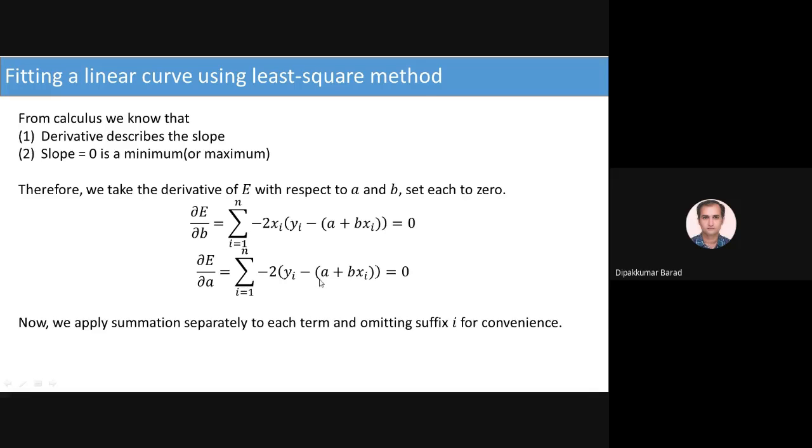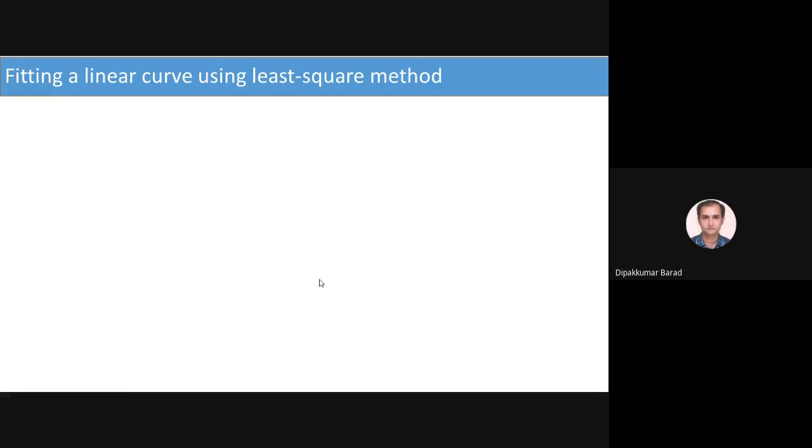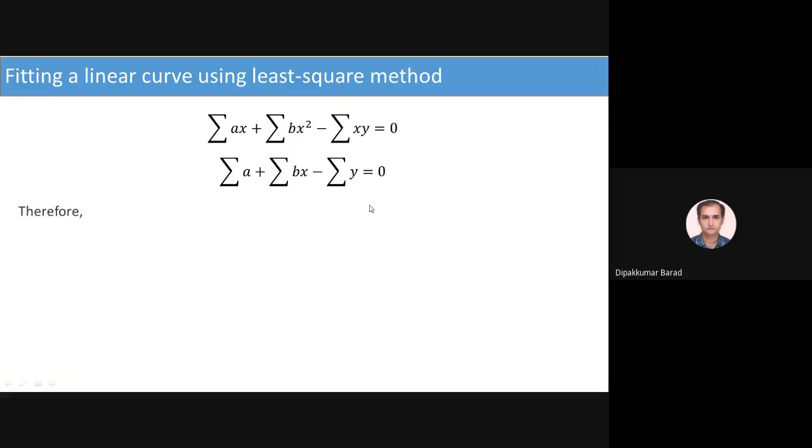So summation a plus summation bx minus summation y equal to 0. And therefore I can say that a summation x plus b summation x square will equal summation xy.